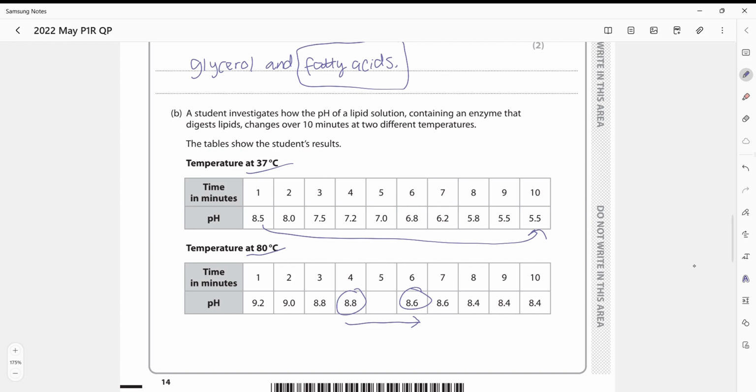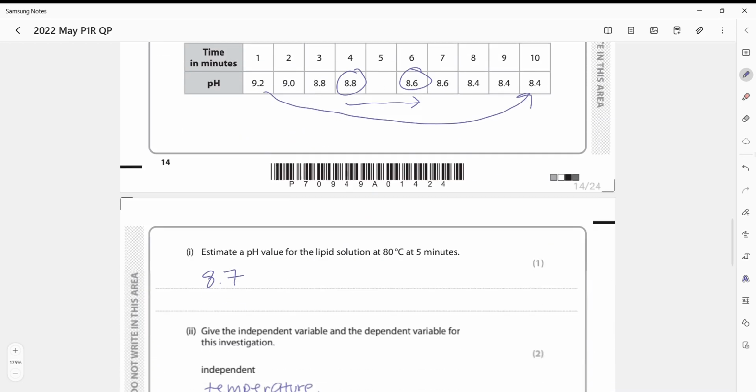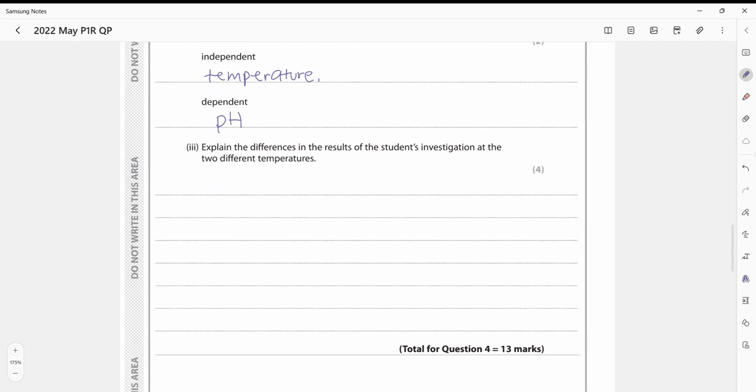Whereas at a temperature of 80 degrees, it goes from 9.2 to 8.4, so there's not much of a decrease. So it looks like 37 is closer to the optimum temperature, or is the optimum temperature, and that's why the lipase works faster. Whereas at 80 degrees, that's when the enzyme is denatured. So let's write that down.